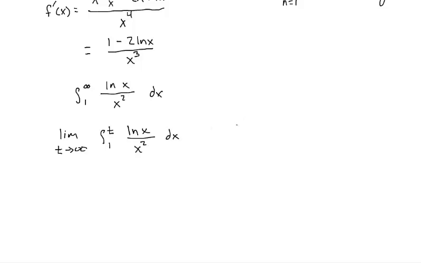And now for this integral, we're going to need to use integration by parts. So u is equal to ln of x, dv is equal to 1 over x squared dx, and du is equal to 1 over x dx, and v is equal to negative 1 over x.